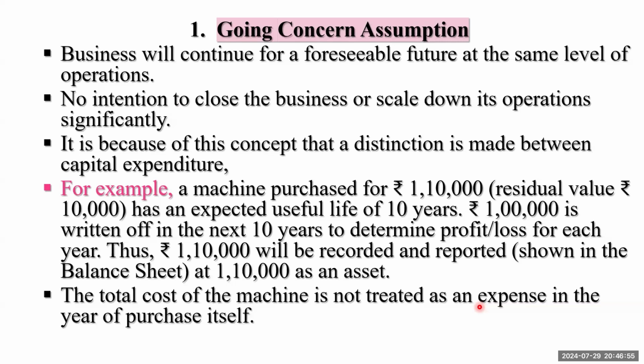And why do we do that? Because we are considering that our business will continue to exist, will continue to carry on its operations in the coming 10 years. We are assuming that. That's why we are writing off just a portion, 1/10, 10% of the cost of the machine, in our profit and loss account on the debit side.